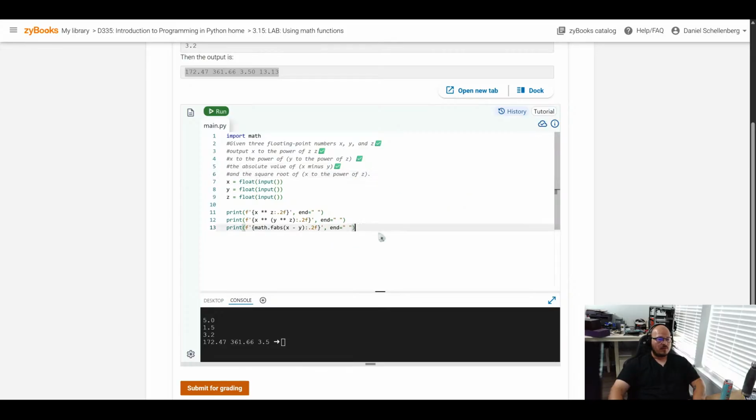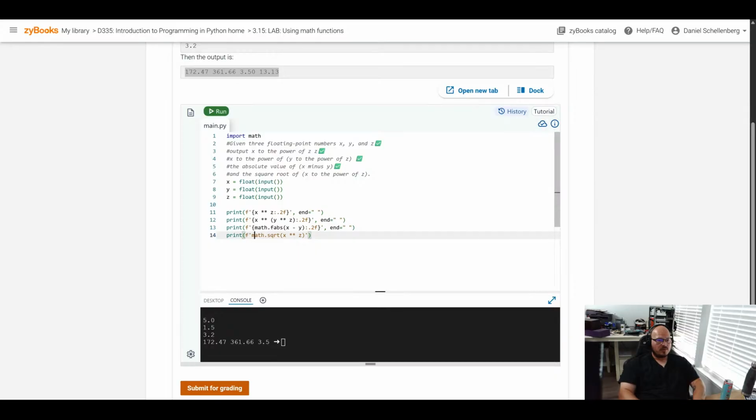So then after that, we will do the square root of, so let's print in an f-string. The square root of, so we want to do math.sqrt for square root of x to the power of z.